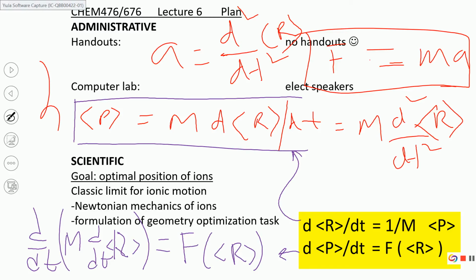Right? Now you can put mass out of brackets, and then it will be second derivative of position. Second derivative of coordinate is acceleration. So m times a equals force.